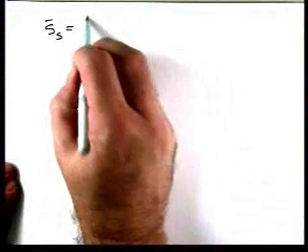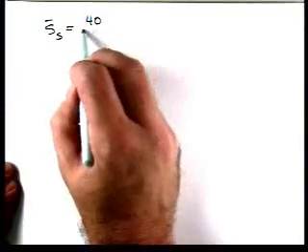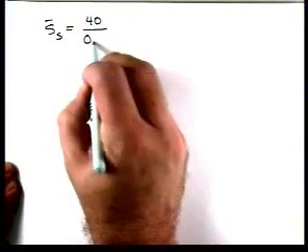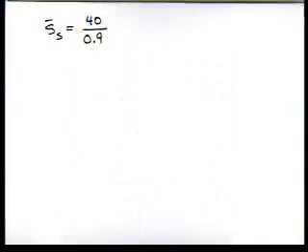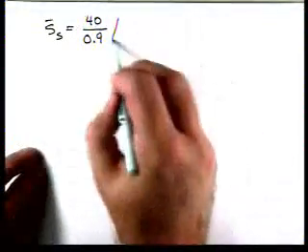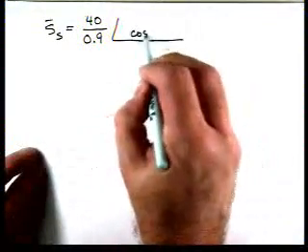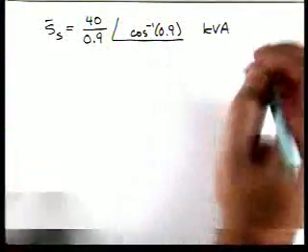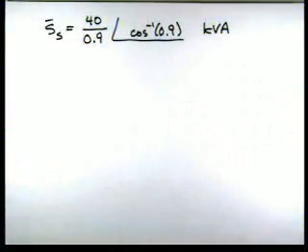We know the source supplies 40 kilowatts. We need kVA. So the magnitude of the complex power, the apparent power supplied by the source, is 40 divided by 0.9 at an angle of cosine inverse 0.9 kVA. Now the angle's positive because it's a lagging power factor.